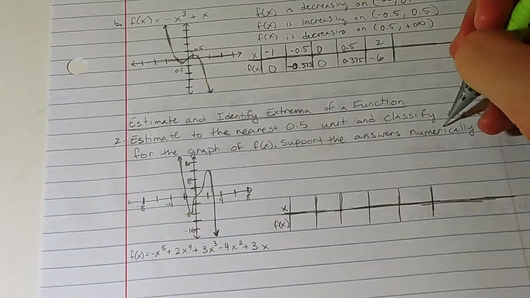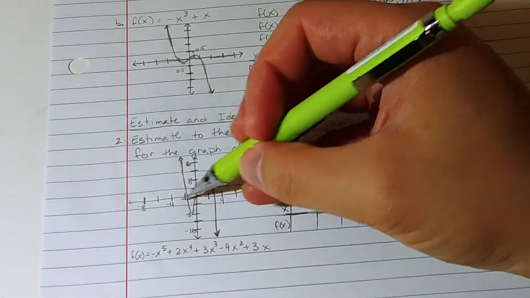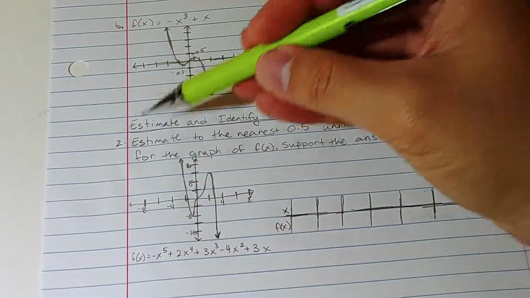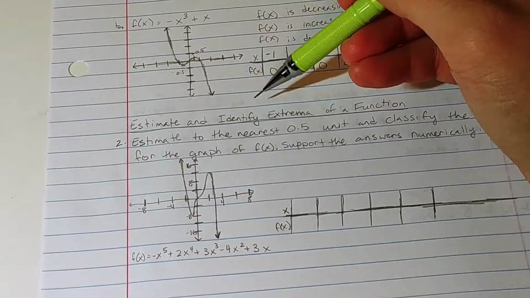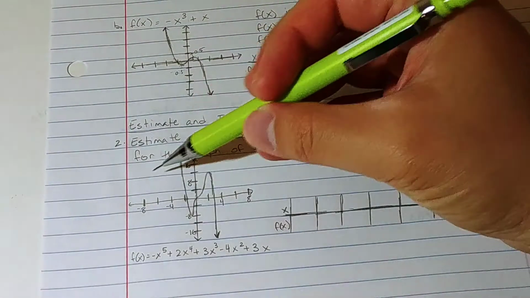Support the answers numerically. So we want to look for any of the turning points. So extrema are the turning points where it goes from decreasing to increasing, or from increasing to decreasing.